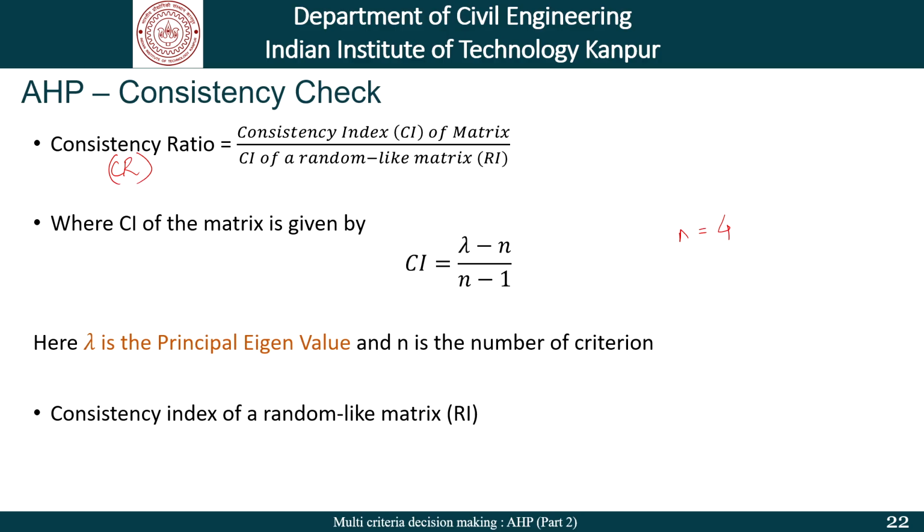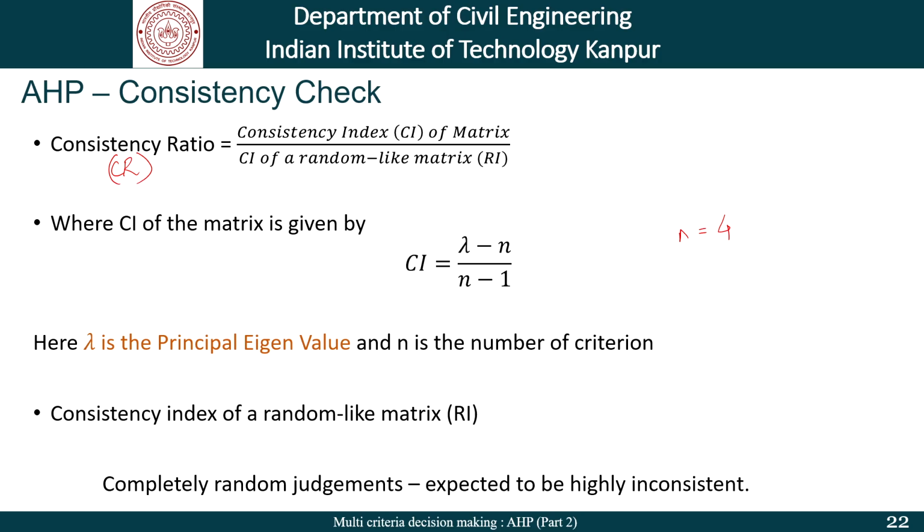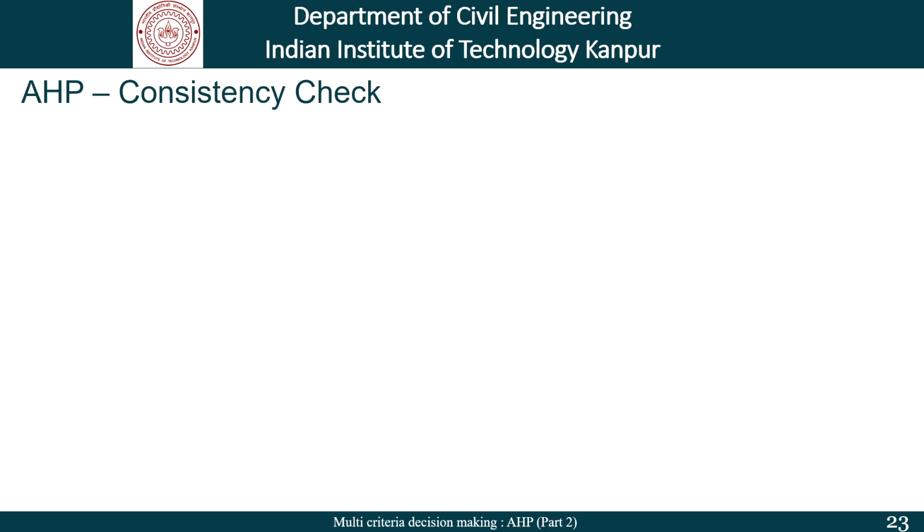Obviously, for any random matrix, we should expect that the judgments will be highly inconsistent. So, overall, we are comparing the consistency index of the matrix which our decision makers have developed with a randomly generated matrix. I hope the idea is clear.